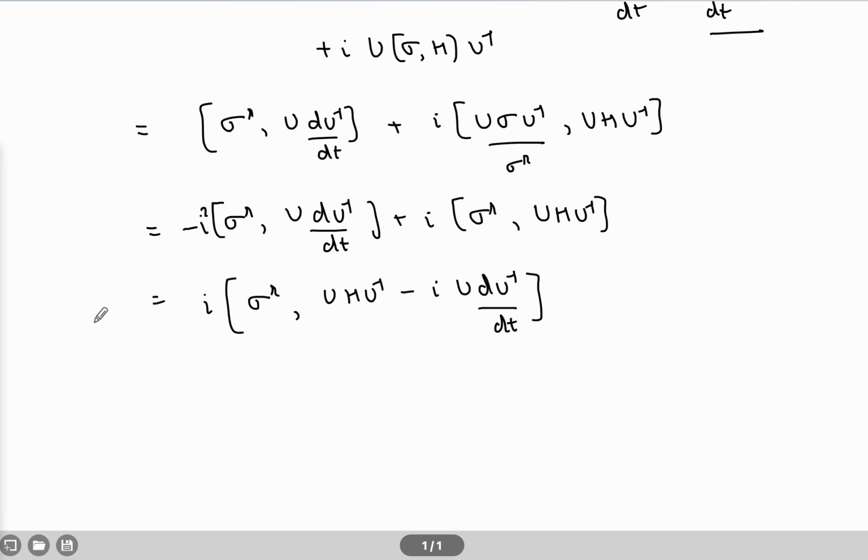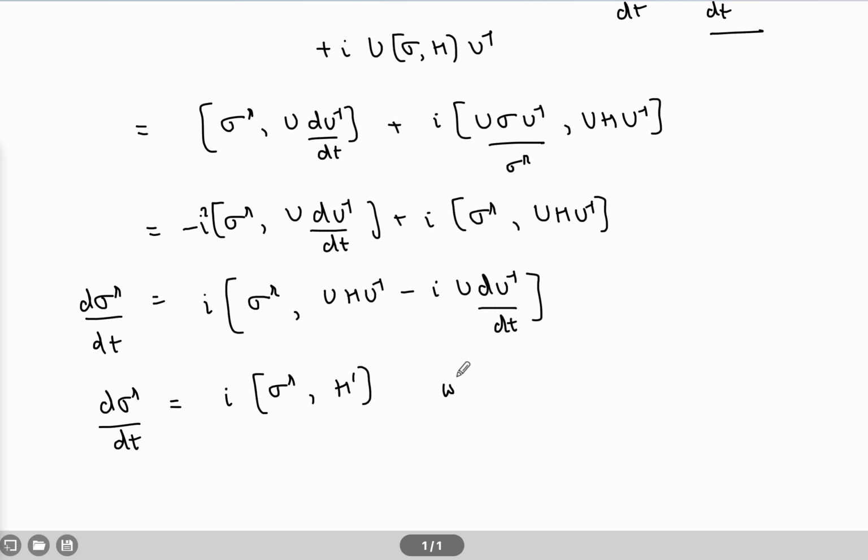Now this equation looks very similar to the original Liouville-von Neumann equation, where I can say that this is the commutator of sigma r and h prime equals d sigma r/dt, right?